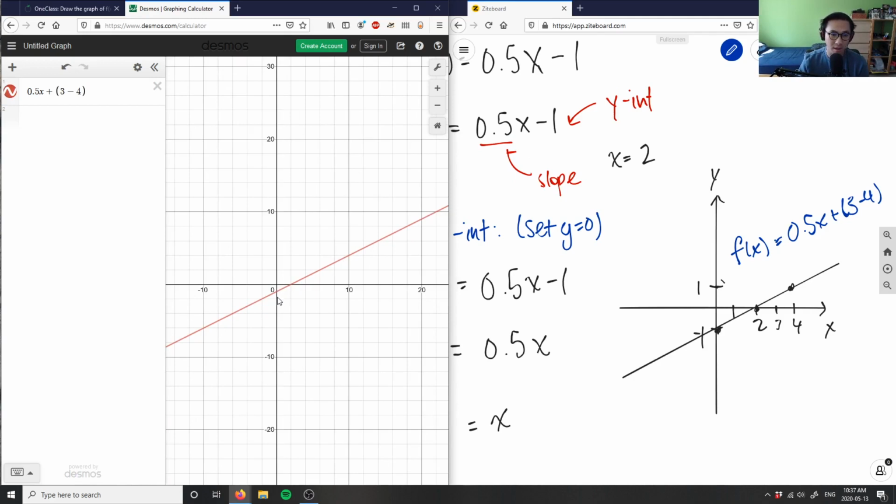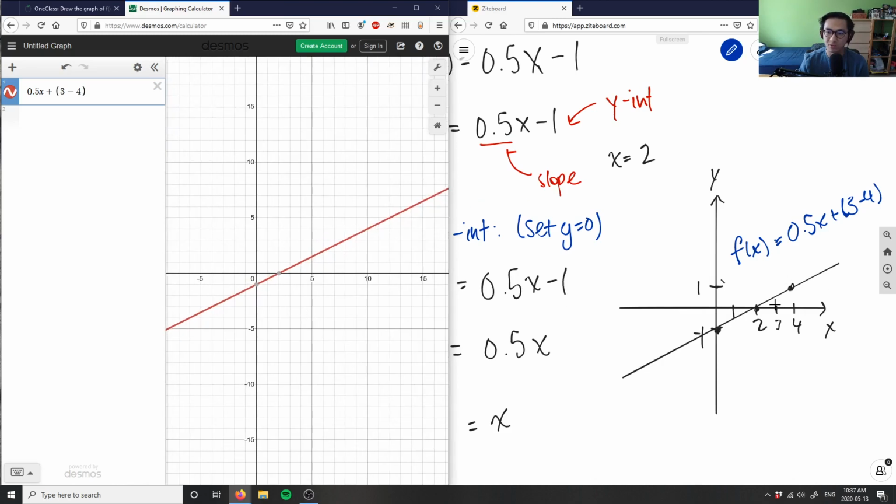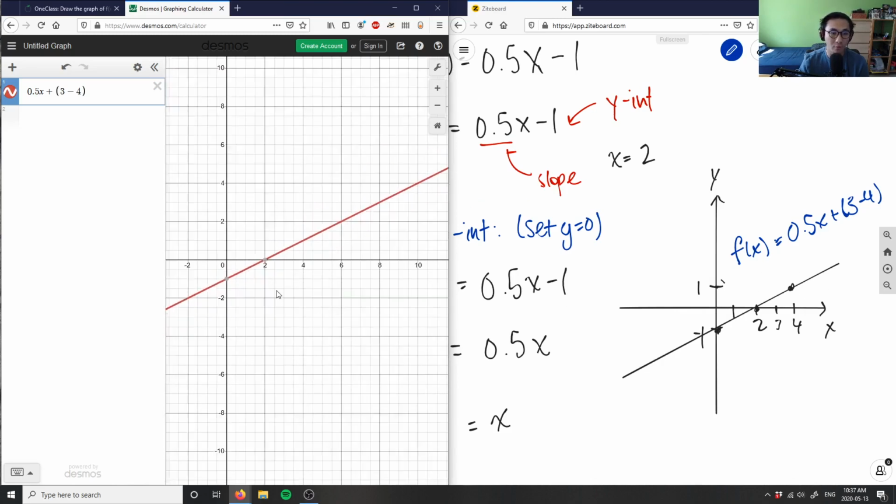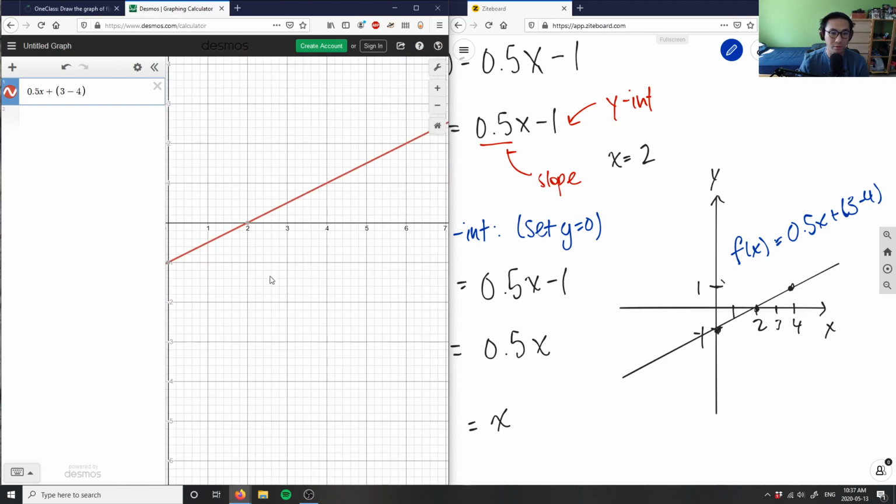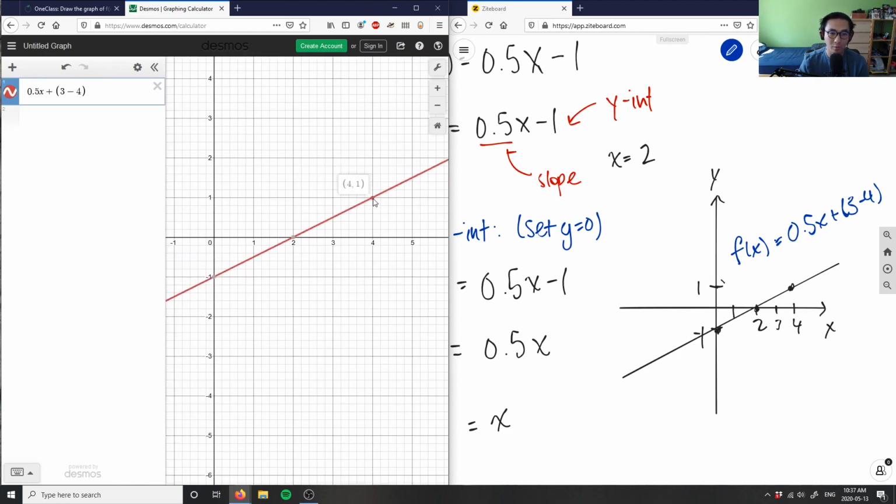I can visualize these two points: 0 and negative 1. Like on my graph, this point is also 0 and negative 1, and this here is 2 and 0. These two are my intercepts. The next point I chose would have been 1 and 4. Let me maximize it for you: 1 and 4 here would have been my next point.